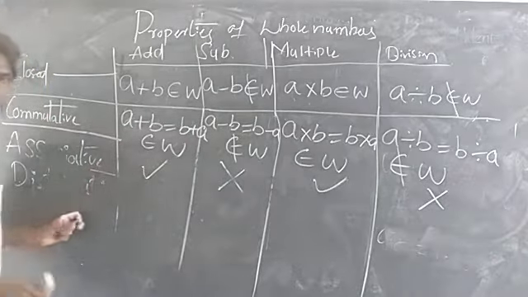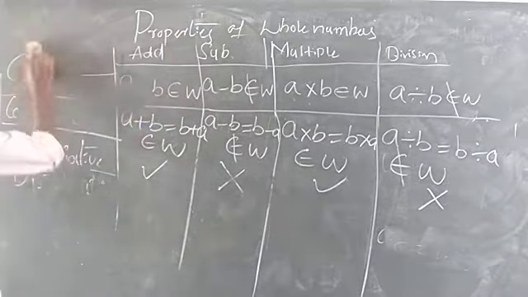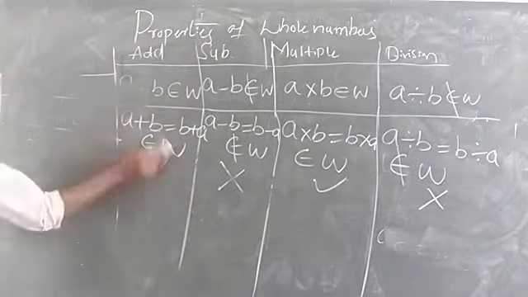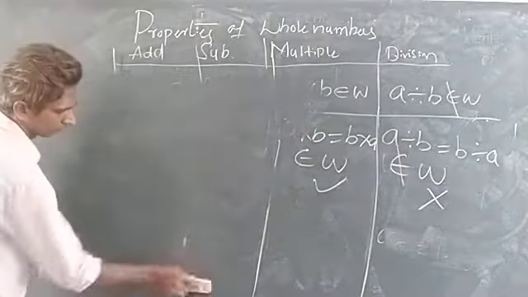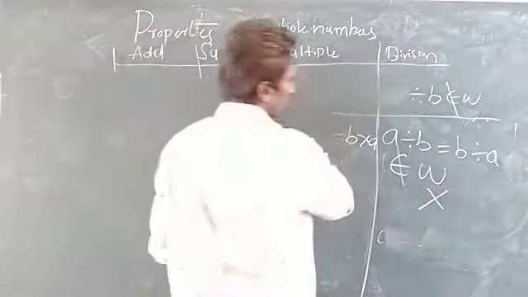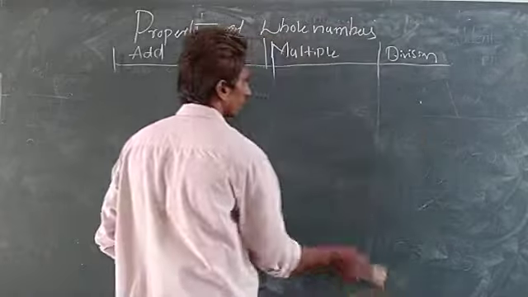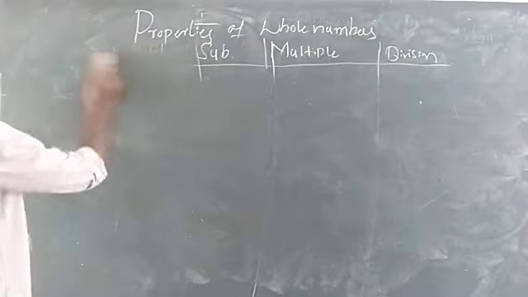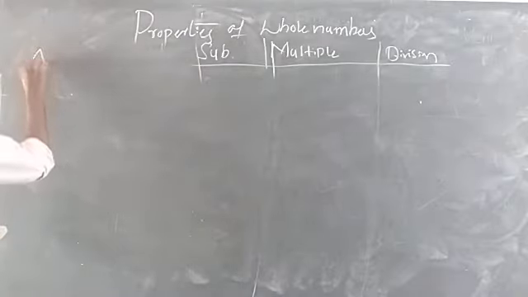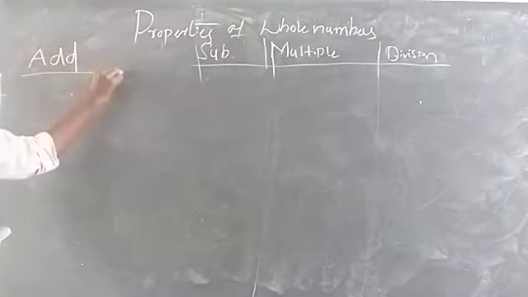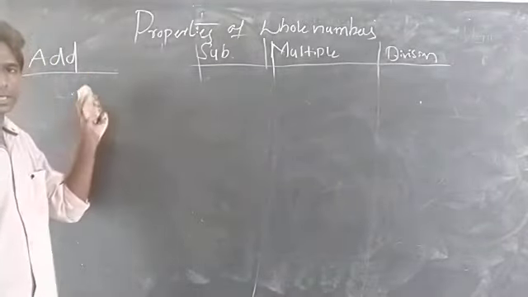Next one is distributive. The last one is distributive. Let us see. Associative under addition.